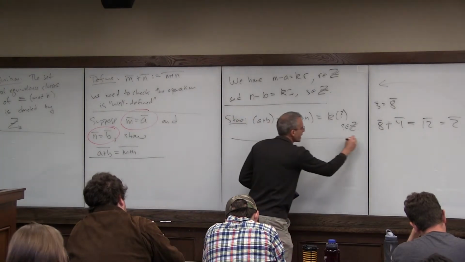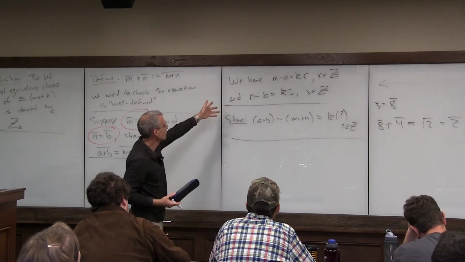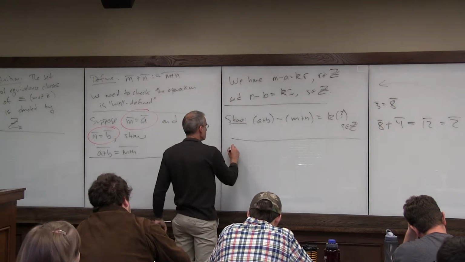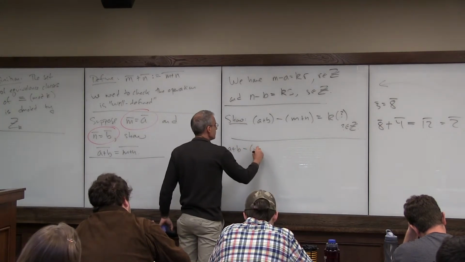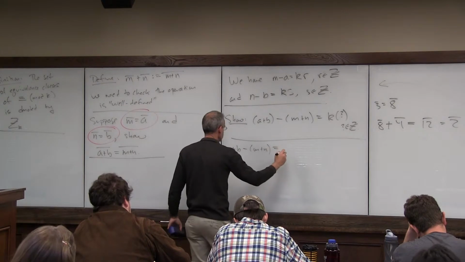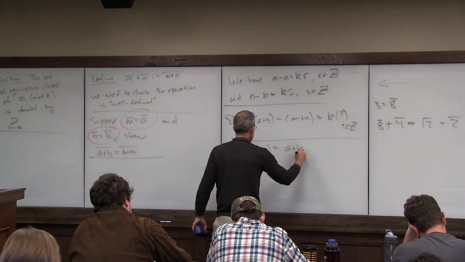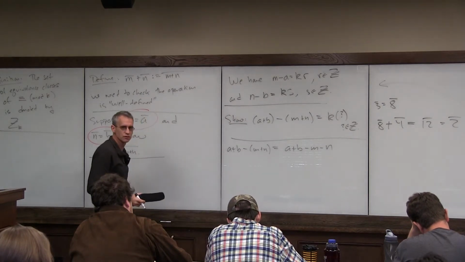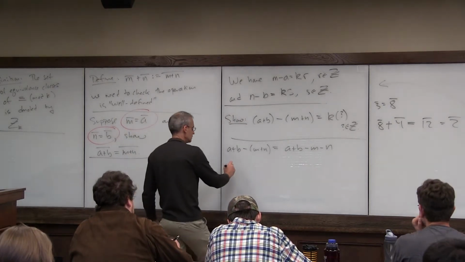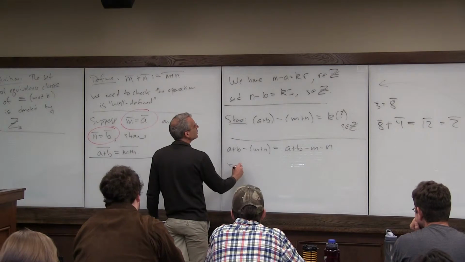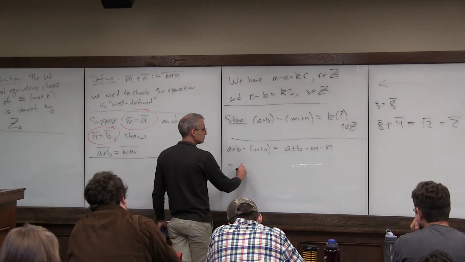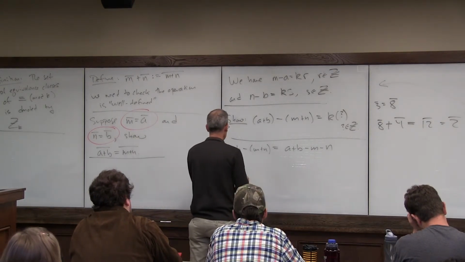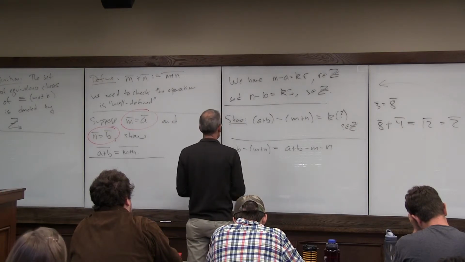So the strategy is basically just like what we did before, right? So a plus b minus m plus n. What's that equal to? That's a plus b minus m minus n. And then what happens when we rearrange? Okay, so let me do it the other way.